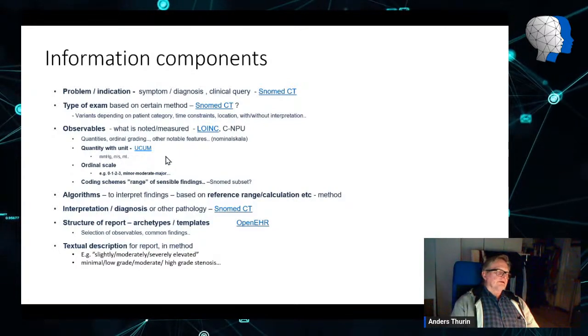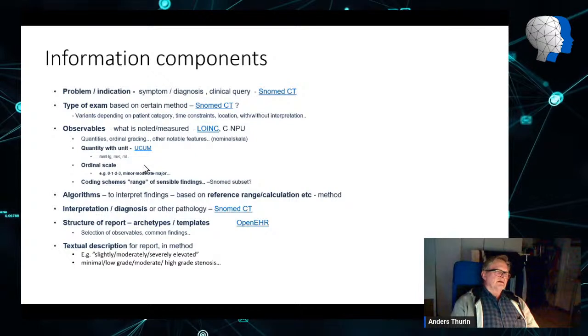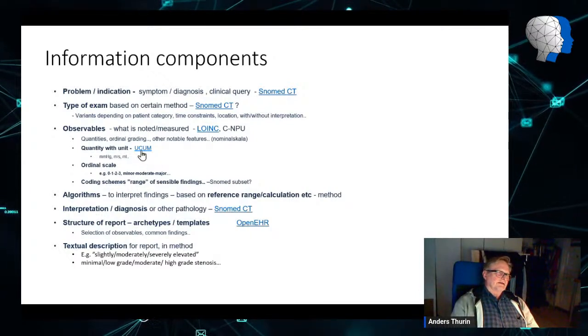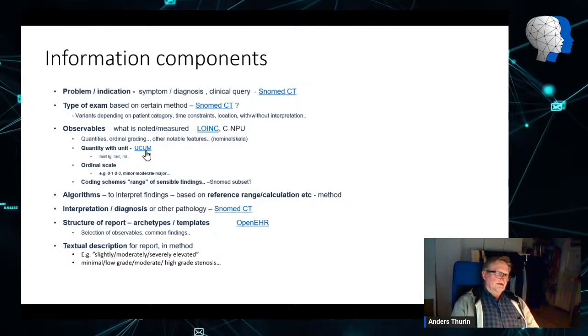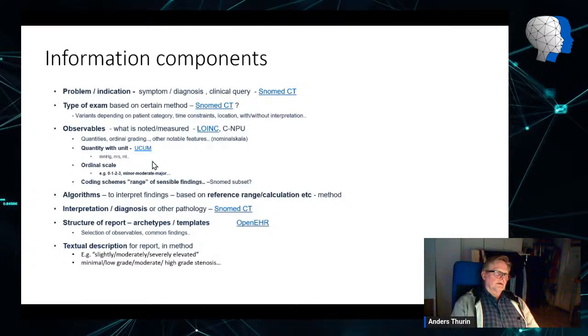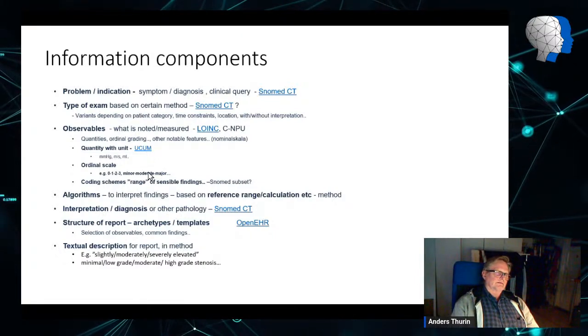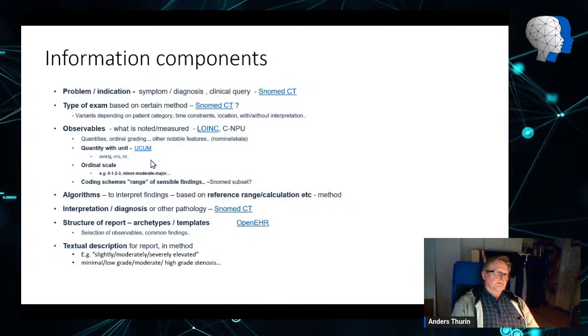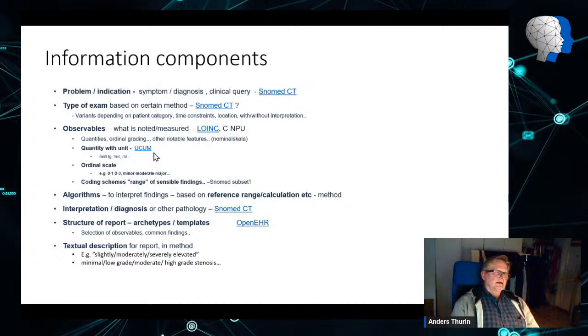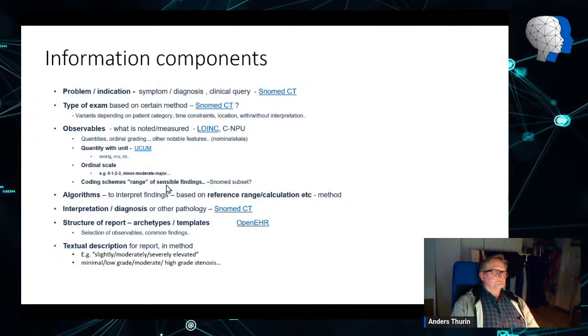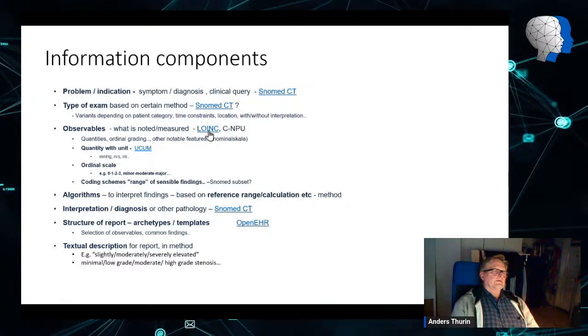And then to express quantitative information, you also need to add a unit, and that can be found in a system called UCUM, the Unified Code for Units of Measure, which is basically an online database of measurement units and relative to LOINC.